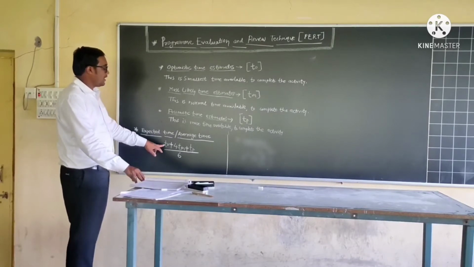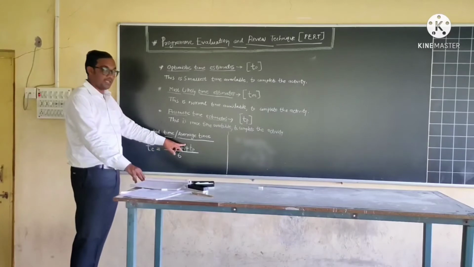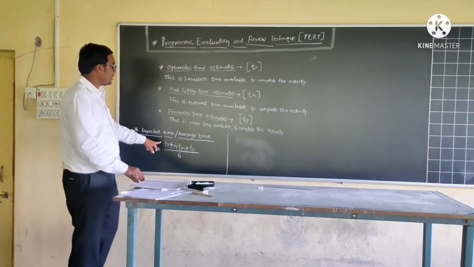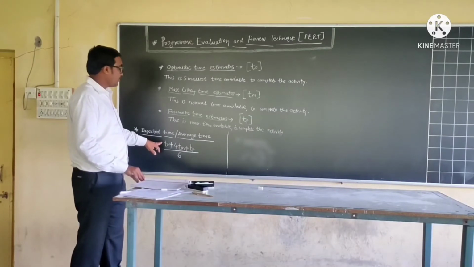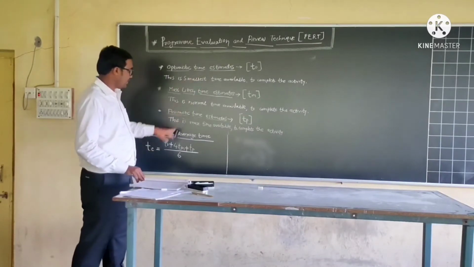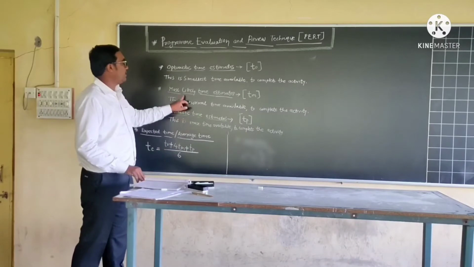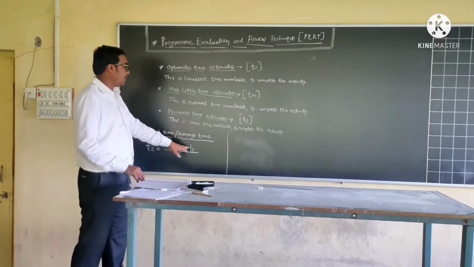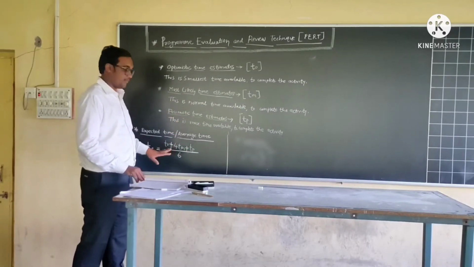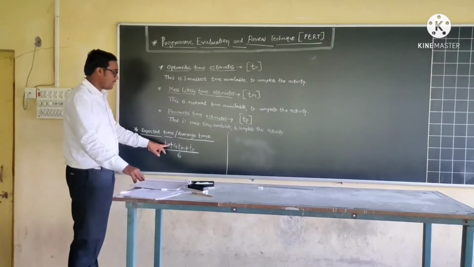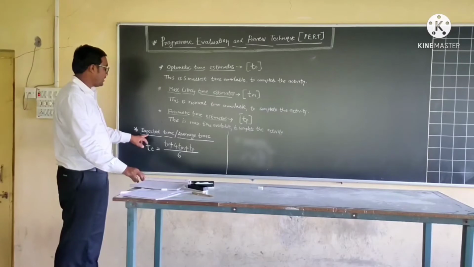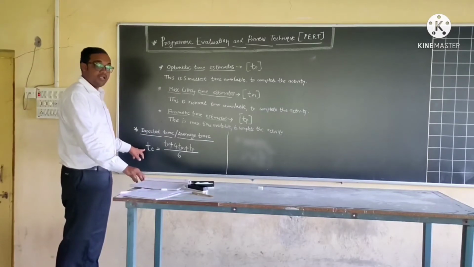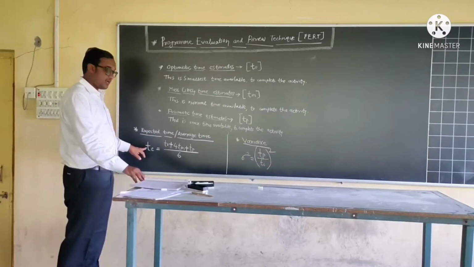TE is equal to TO plus 4 TM plus TP divided by 6. TO is the optimistic time, TM is the most likely time and TP is the pessimistic time. So TE equals TO plus 4 TM plus TP divided by 6. This is the formula to calculate the expected time or average time of the activity.